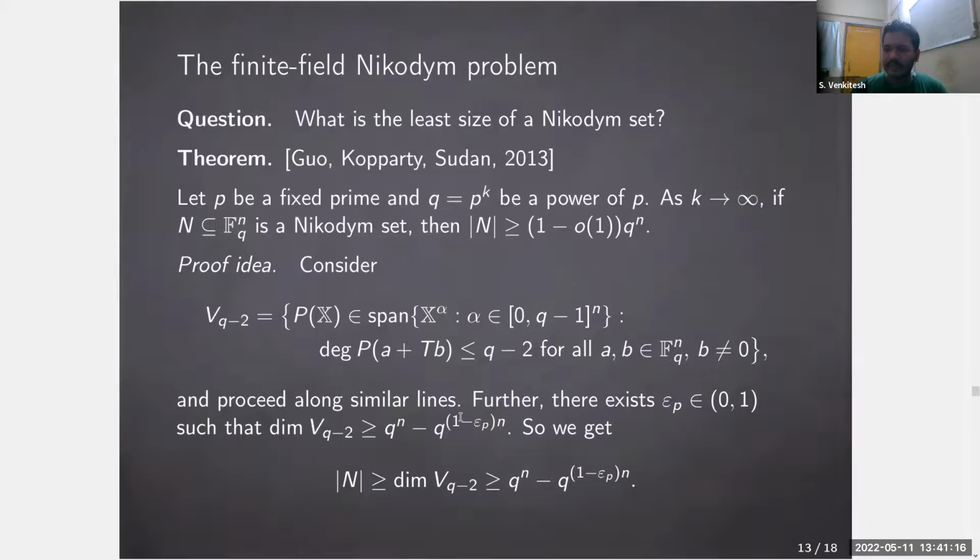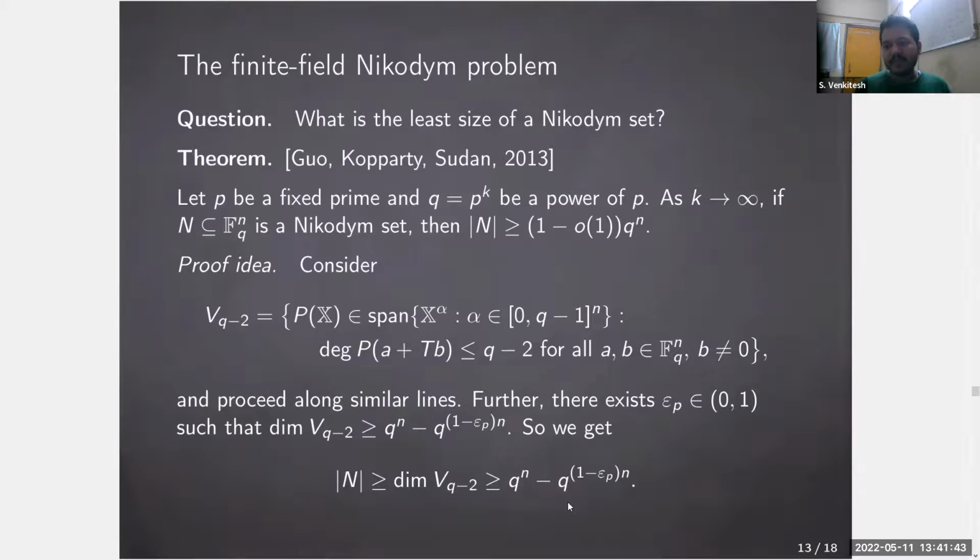We are not really counting dimensions in any haphazard way. We are only counting larger degree monomials which, when restricted to lines, are of degree at most q minus 2. That's all that we're doing. So the dimension of this vector space is at least q to the n minus q to the 1 minus epsilon times n. Therefore, by replicating the rest of the proof as it is, we can conclude that the size of the Nikodym set is at least this much.